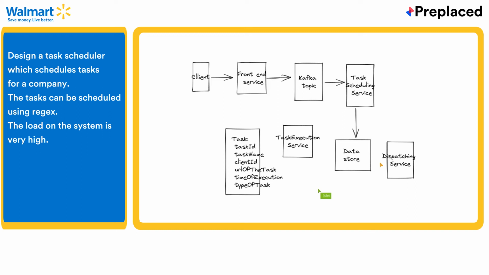For 1 minute there will be one topic, or how are you planning? No, the topic will be one only. But the point I'm coming to is this service again will be a single point of failure, and we can scale it up. But in that case, we need to take a lock on the DB.